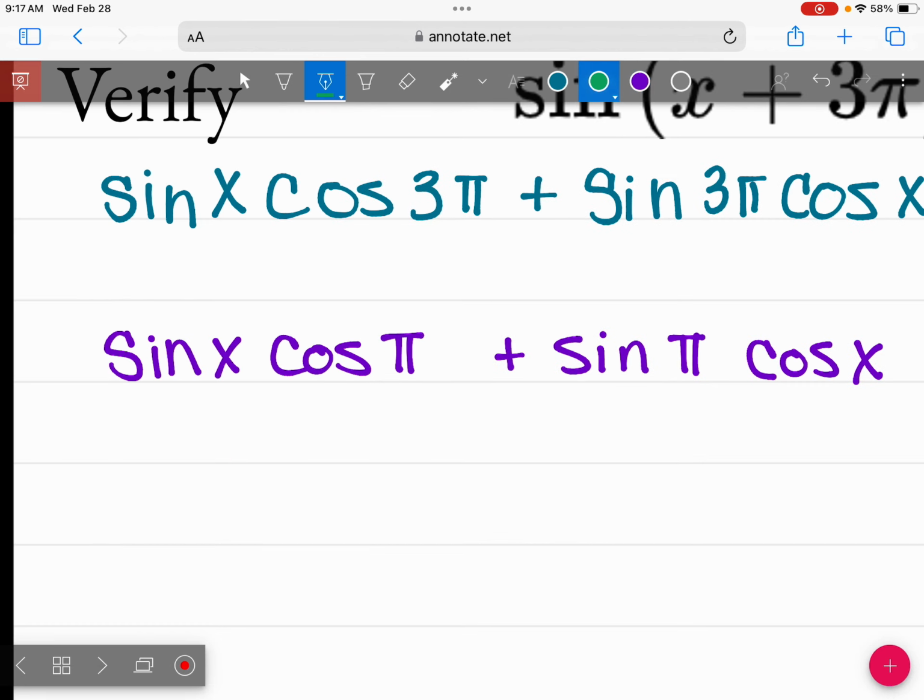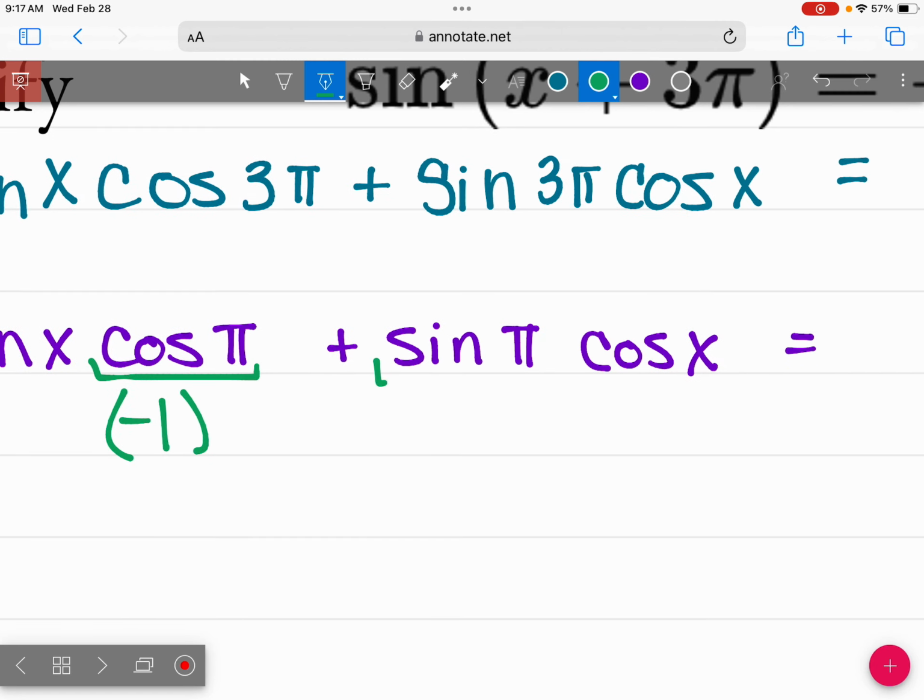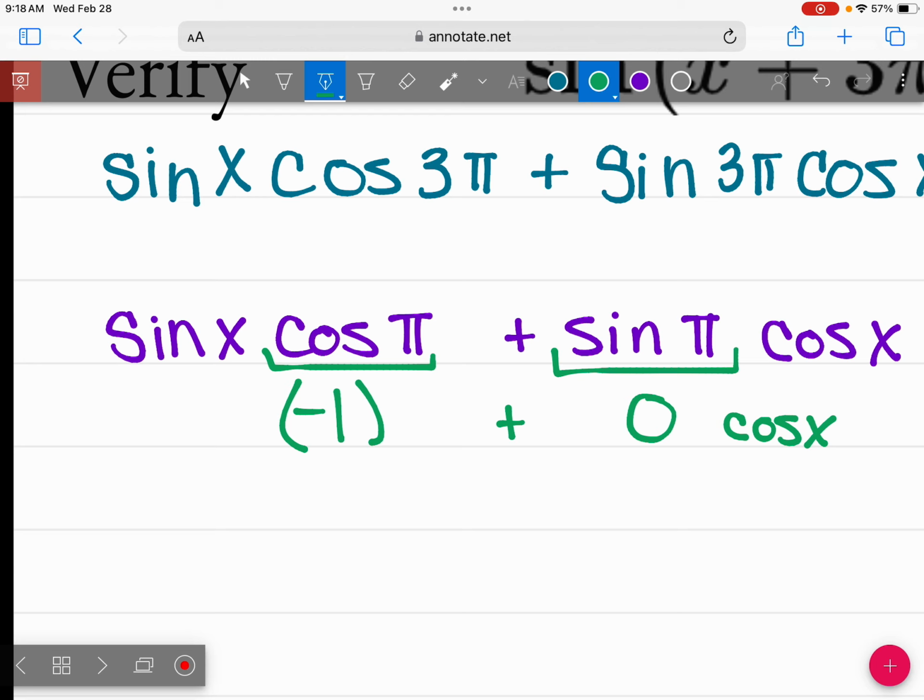So what is the cosine of pi? -1. What is sine of pi? 0.